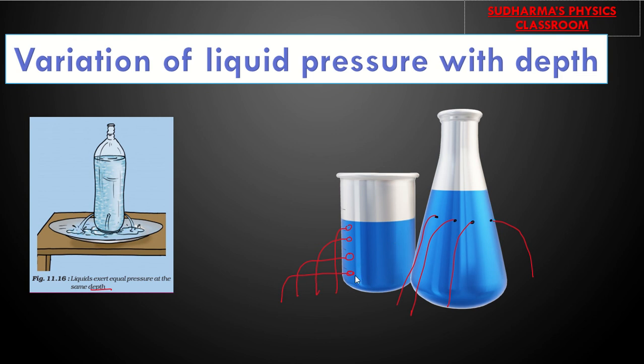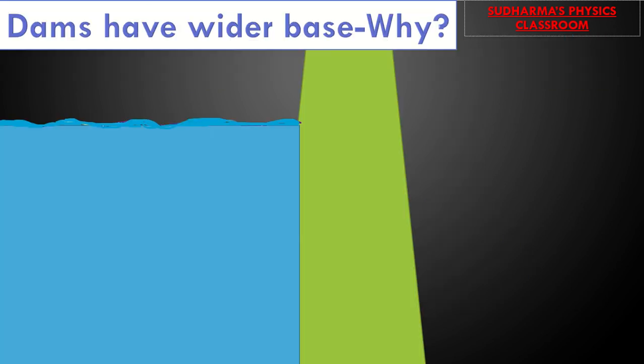Okay, so where do we see this in real life? Where is the pressure exerted by a liquid at depth more? Maybe if you have seen dams, if you got a chance to go to the dams, at the base, the dams will be very wide compared to the top level.